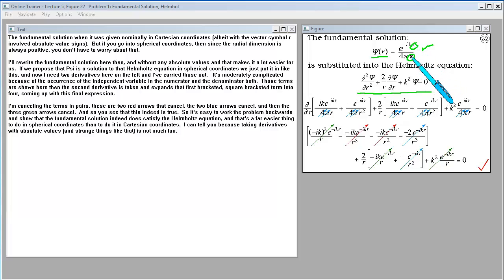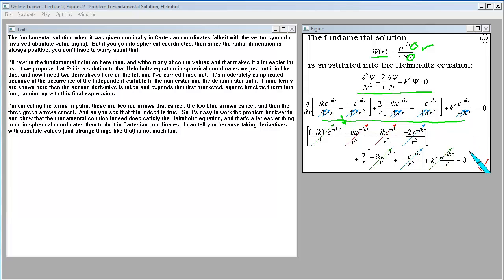Those terms are shown here. Then the second derivative is taken and expands that first square bracketed term into 4, coming up with this final expression. I'm canceling the terms in pairs. These are 2 red arrows that cancel, the 2 blue arrows cancel, and then the 3 green arrows cancel. And so you see that this indeed is true.